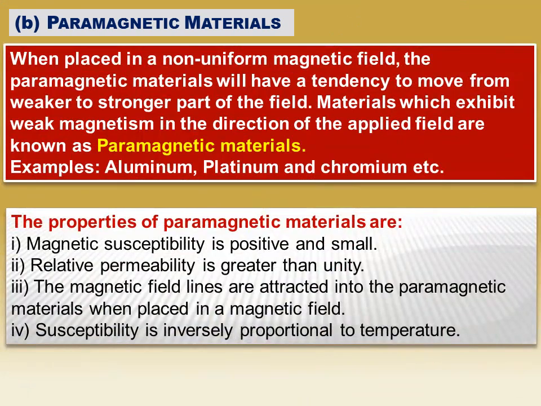The magnetic field lines are attracted into the paramagnetic materials when placed in a magnetic field. The susceptibility is inversely proportional to the temperature. I already explained this permeability and susceptibility in the last class, so I think you all know about it.